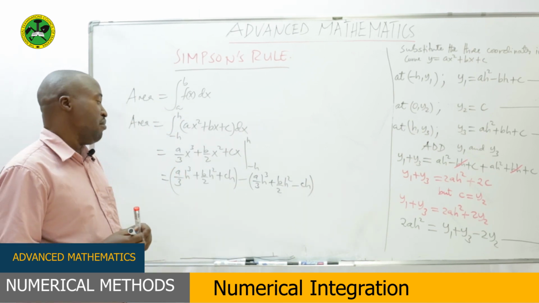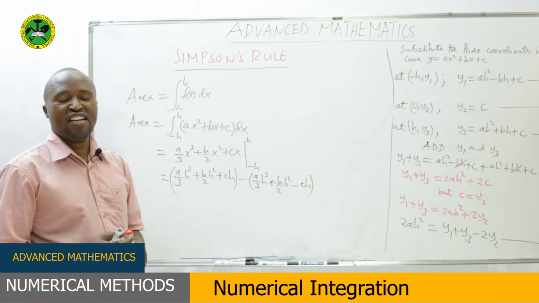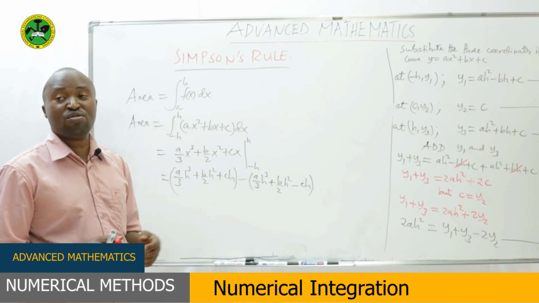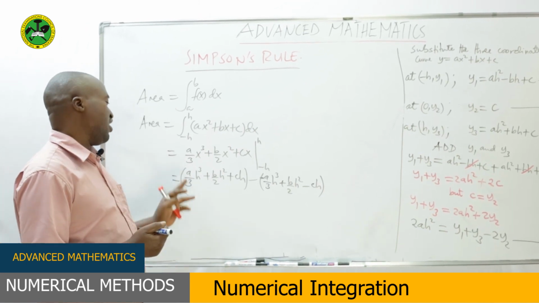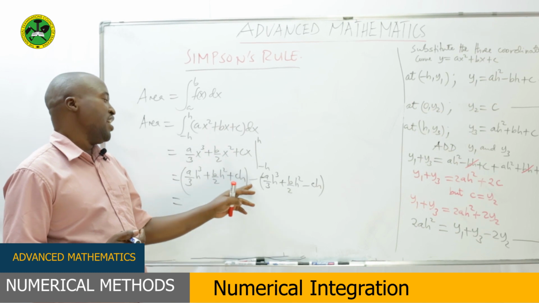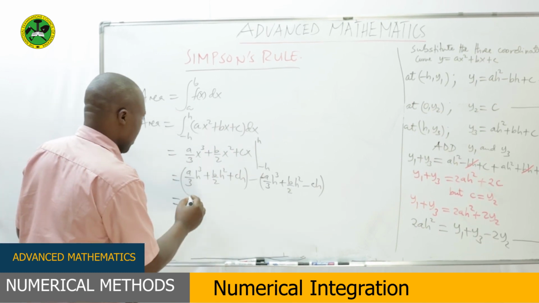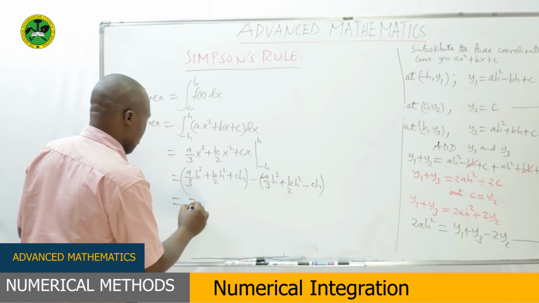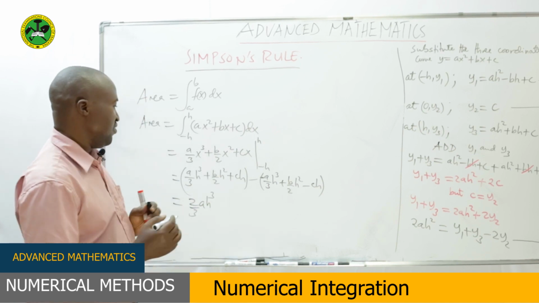I'm sure you remember the meaning of h. H, that is the number of strips or intervals. Or sometimes we say h is equal to the number of ordinates. Here in this case, we have a over 3 h cubed minus a over 3 h cubed, that will be twice a over 3 h cubed.